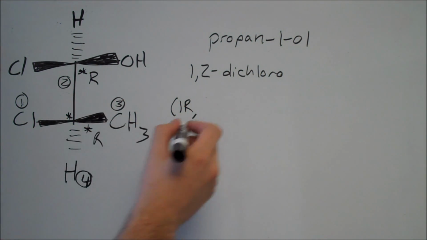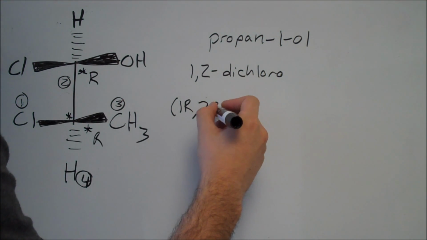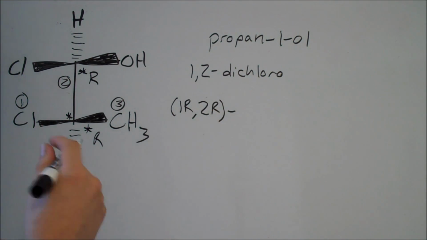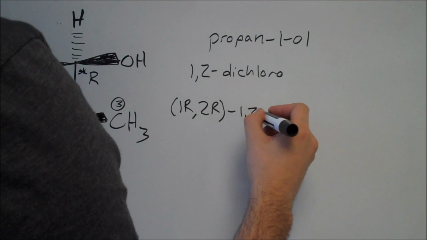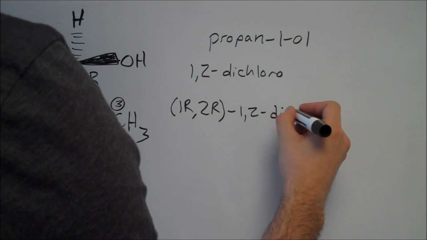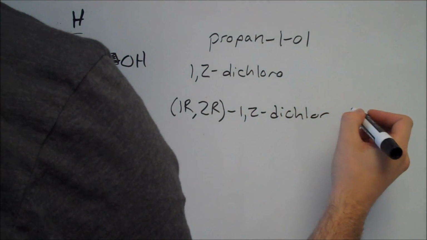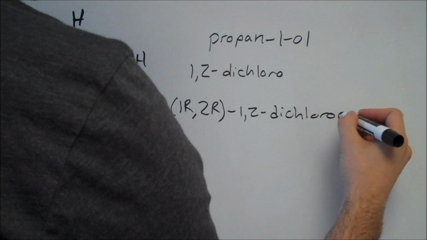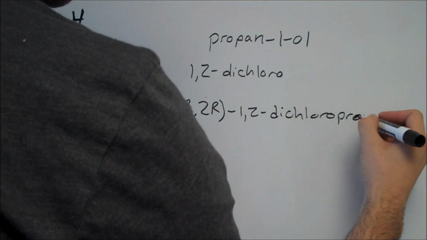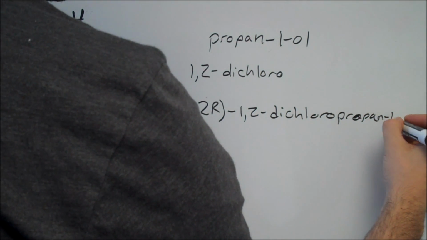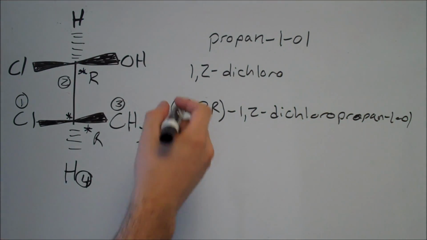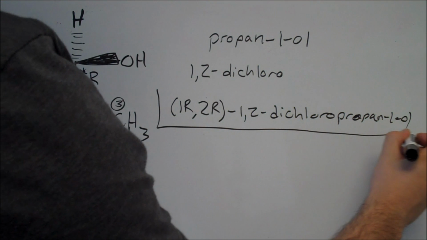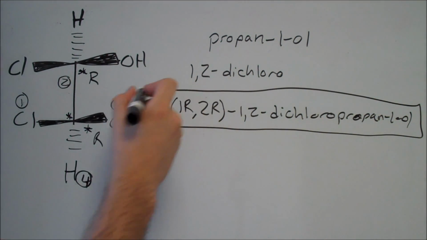On the 2 carbon we also have an R, so 2R, and we put a dash because there are no spaces in IUPAC names. 1,2-dichloropropan-1-ol. And so that's it. We've named our molecule and we've gone from a Fischer projection to an IUPAC name.